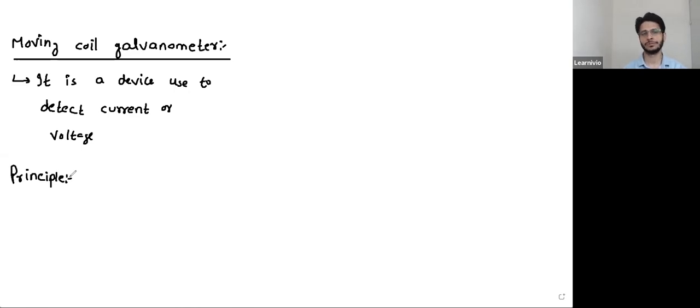The principle is very simple. The principle says if you place a current carrying coil, that we did in the last section, in a uniform magnetic field, then that current carrying coil will experience a torque.